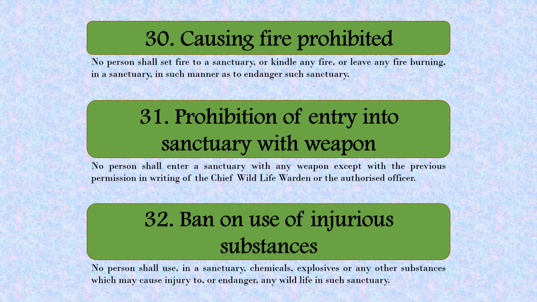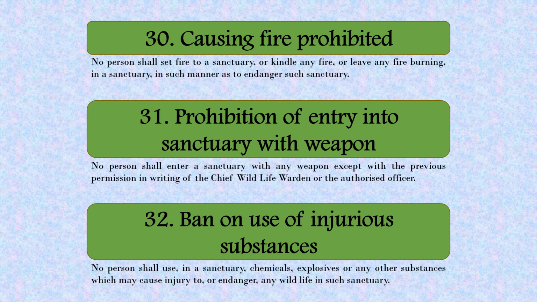And in the next section, section 31, it states about prohibition of entry into sanctuary with weapon. This section is there so that nobody can harm any wildlife inside the sanctuary.